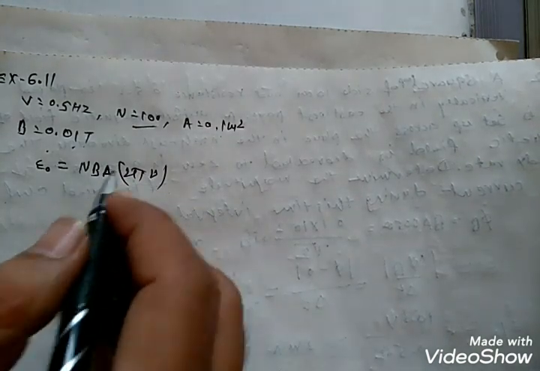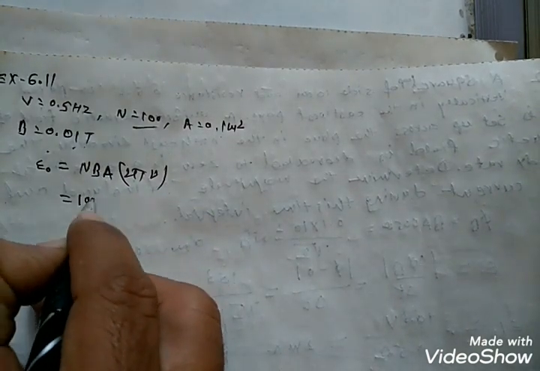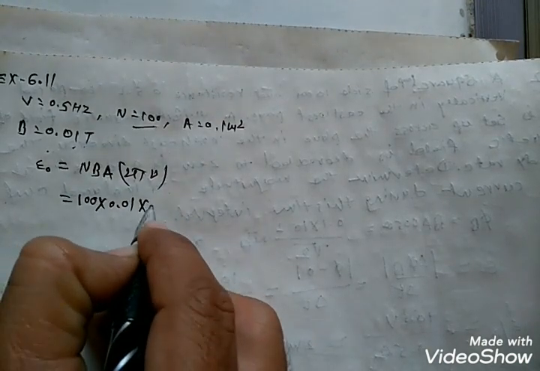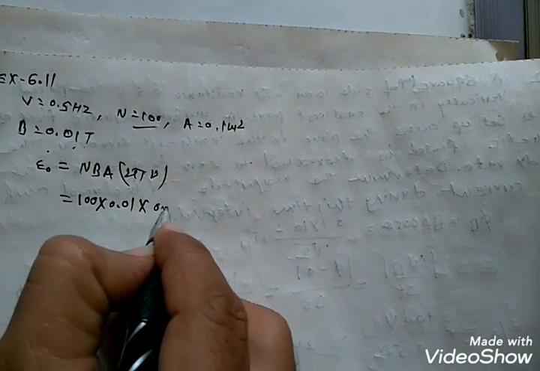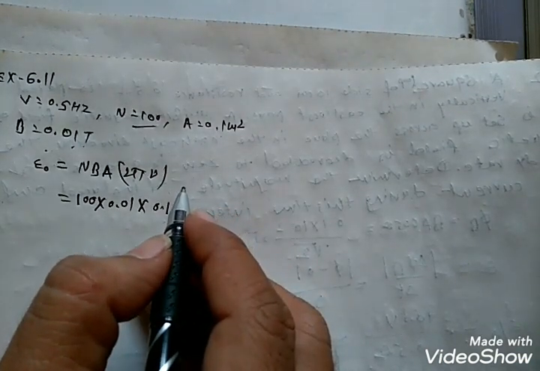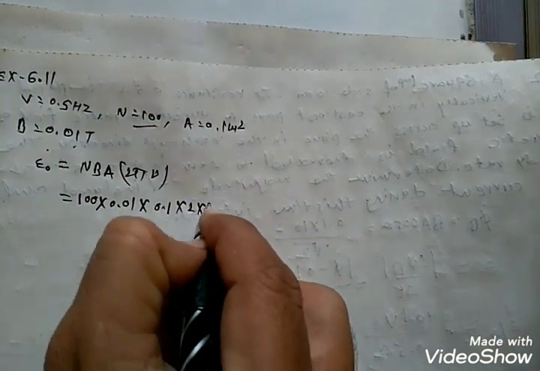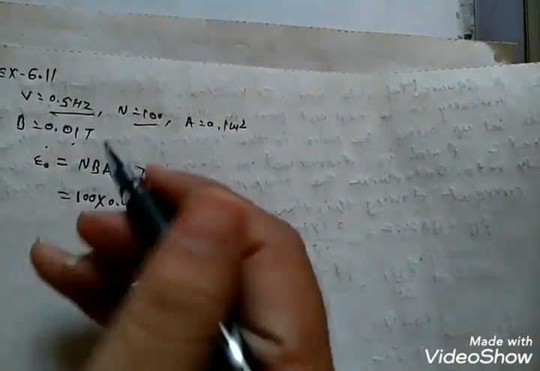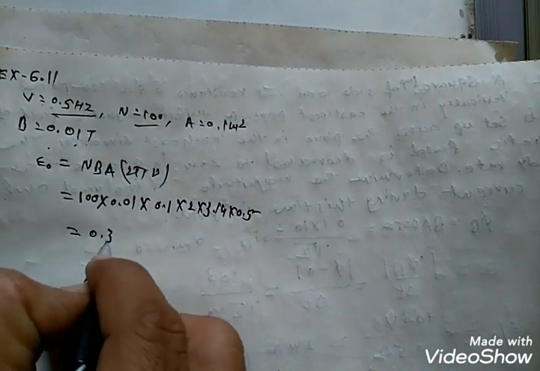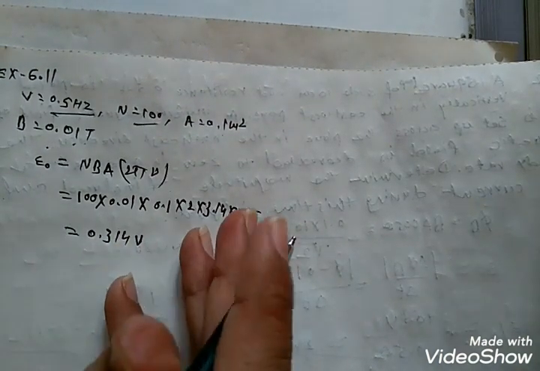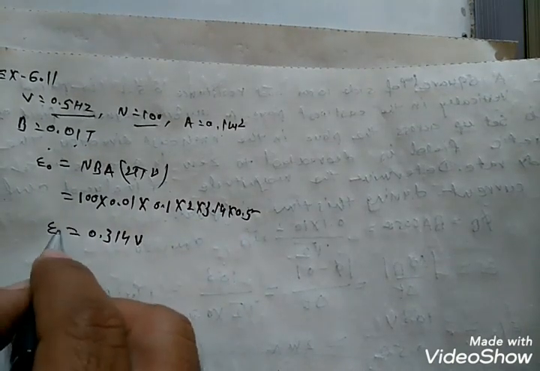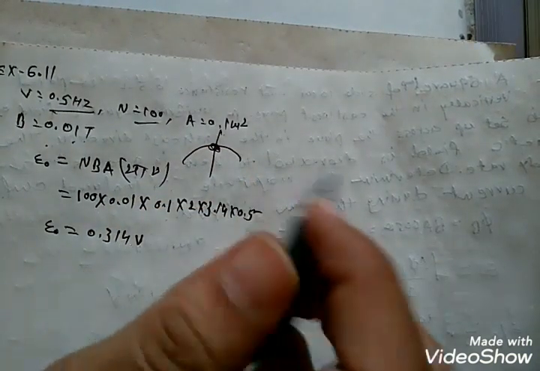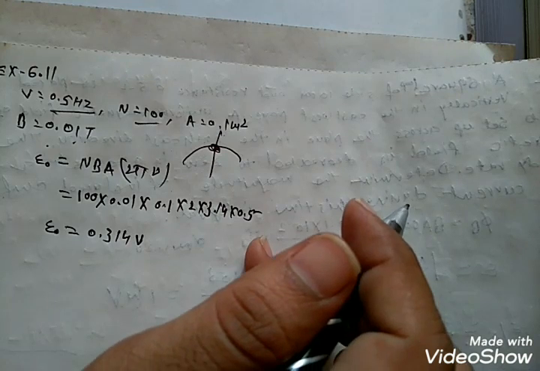N is 100 turns, magnetic field is 0.01, A is 0.1, into 2 into 3.14, and nu is 0.5 hertz. So E0 is equal to 0.314 volt. The maximum voltage, the highest peak, is E0, which is 0.314 volt.